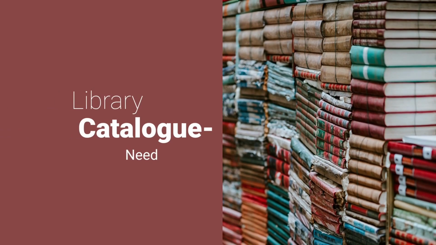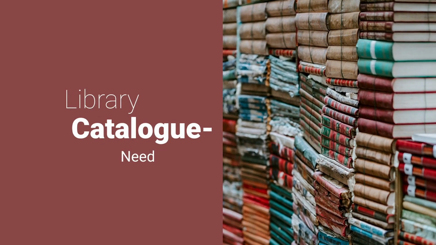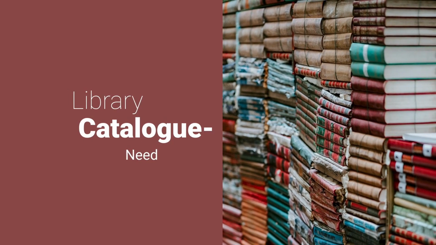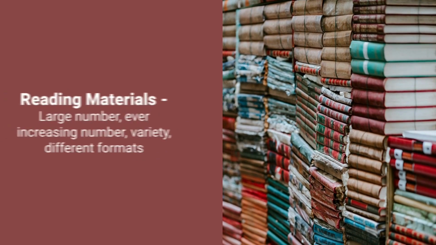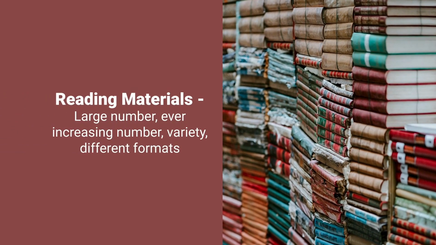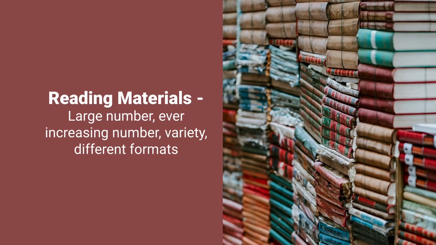Now, why do we need a library catalog? It's a very simple question, because from our past experience of seeing why a catalog is required, it is because the large number of things are there, and these things are ever increasing, and they are in different varieties, different forms, different formats. And it is very true of a library.